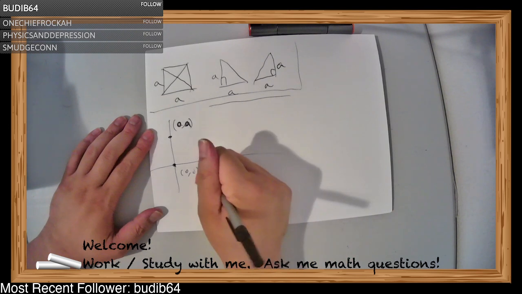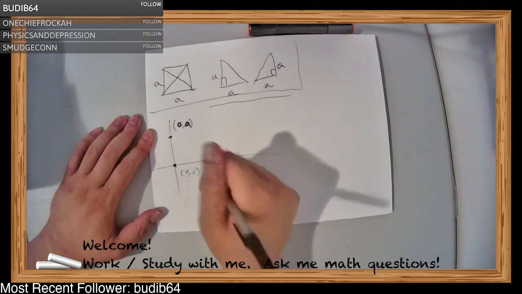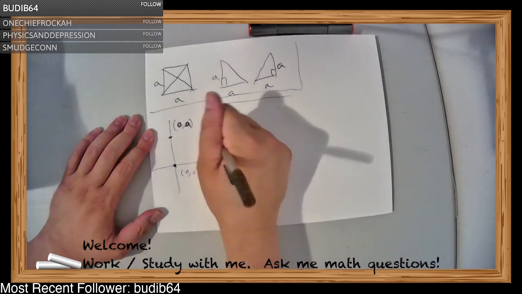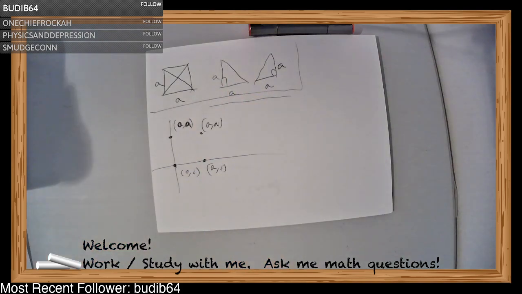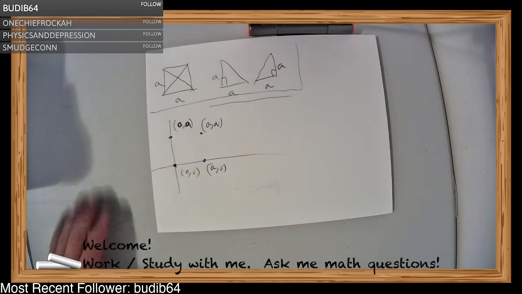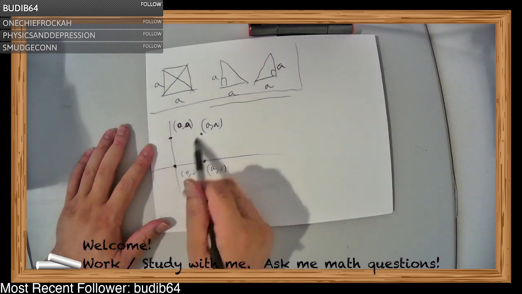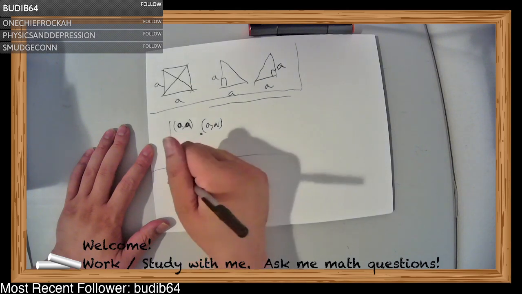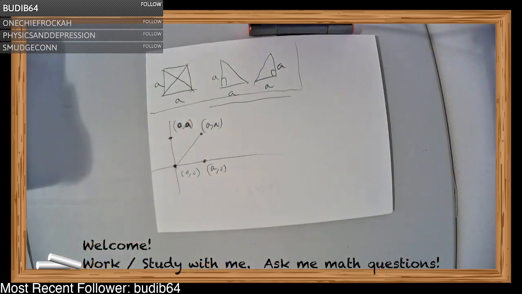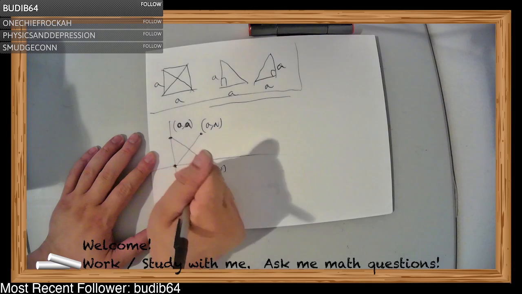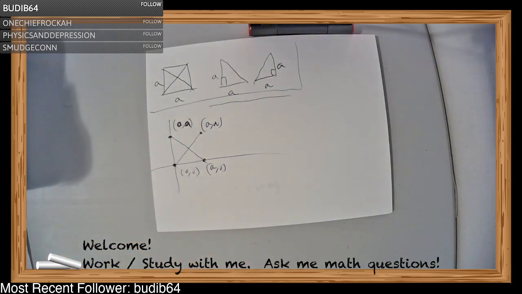One point here, which is (a, 0), and one point here, which is (a, a). The question again is how do you prove that the diagonals are the same length? Again, we have the distance formula. This distance ends up being a root 2. We have the distance formula here also being a root 2. There you go, they are the same length.